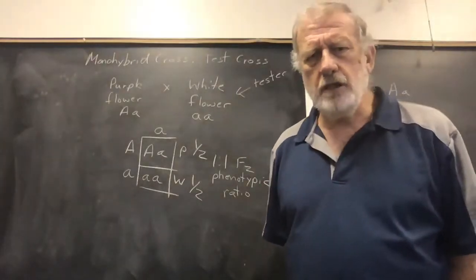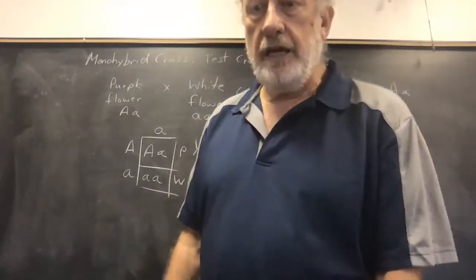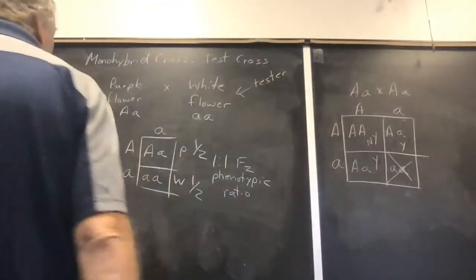Now I'm going to show you a statistical test that you'll need to know to do the problems and to do the exams and so forth. So let's go there now.